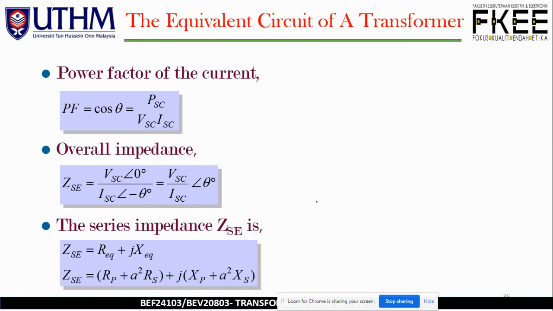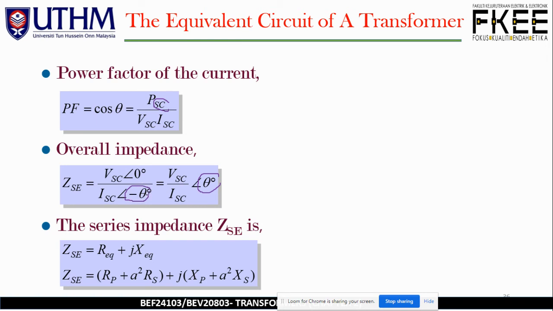So next, the power factor of the current. The equation is very straightforward. We have PF equals cos theta equals PSC, again short circuit, over VSC times ISC. Okay. And then the overall impedance, we have ZSE equals VSC over ISC with angle theta. Again, this is negative because the current angle is lagging the voltage.